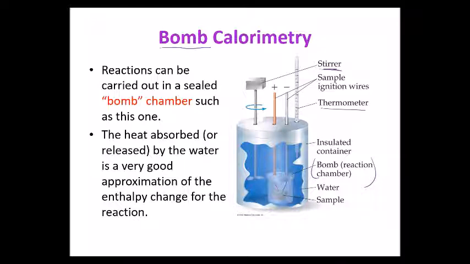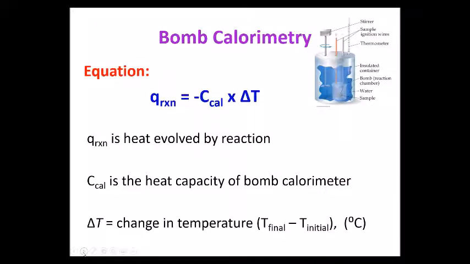It is a very good way to approximate the enthalpy change. And remember, enthalpy change is just the wordy version of delta H. Delta H is enthalpy change. Okay? So this is how we figure it out for these combustion reactions that we wouldn't be able to dissolve in solution. So they have to put it in the chamber and they can figure out delta H from there.